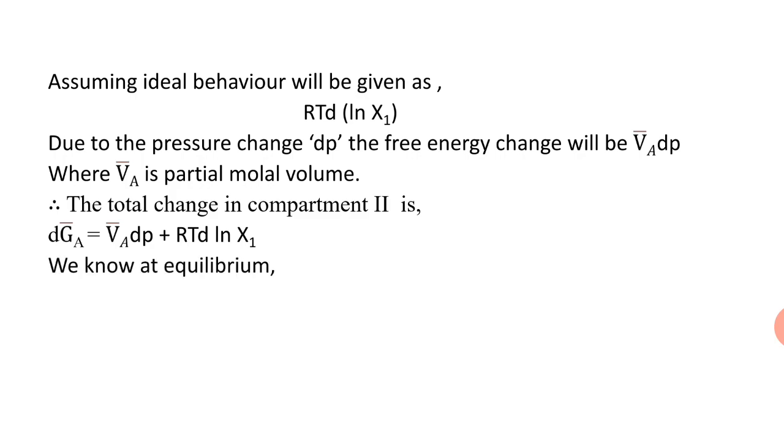We know at equilibrium d G bar A is equal to 0, that is our equation number 1. Putting this value in the above equation, we get V bar A into dP is equal to minus RT d ln x1.